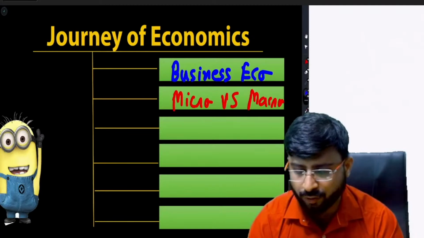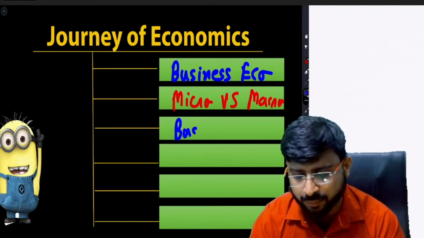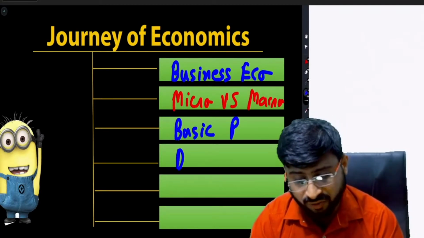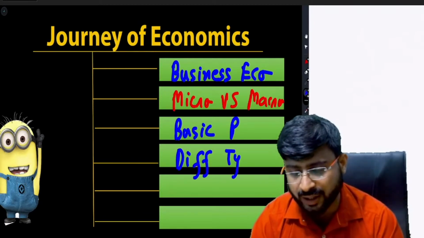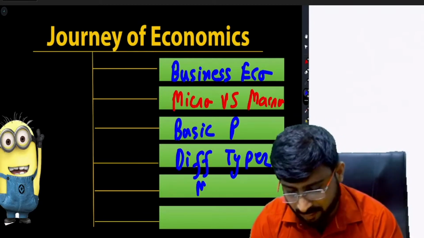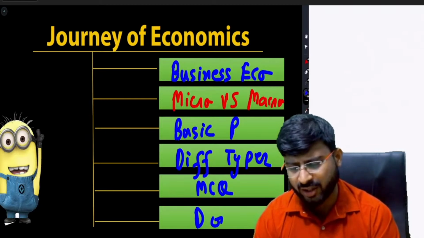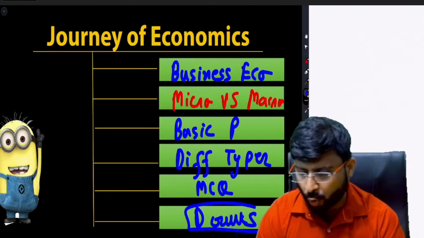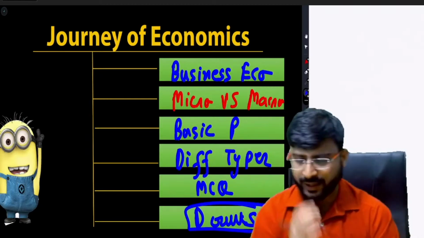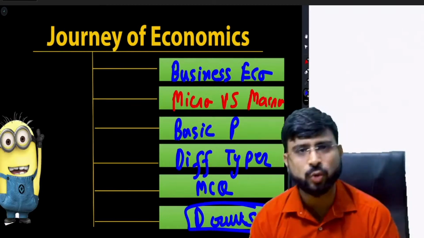Followed by that, we will talk about basic problems of economy, different types of economy. We will practice some MCQs and then we will also, throughout the class, take your doubts. So this is what our journey is going to be.